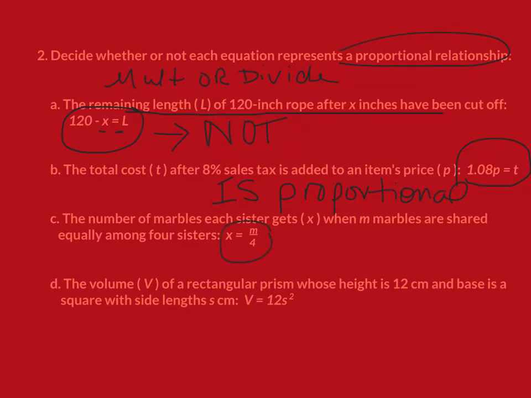Remember, division and multiplication are inverse operations, so therefore this one is also proportional. Last one, we're looking at this. Now be careful, because you might say, well, s is being multiplied by 12, so that's multiplication. But you really need to make sure that you're paying attention, because s is actually squared before it's multiplied by anything. So therefore it is not proportional.